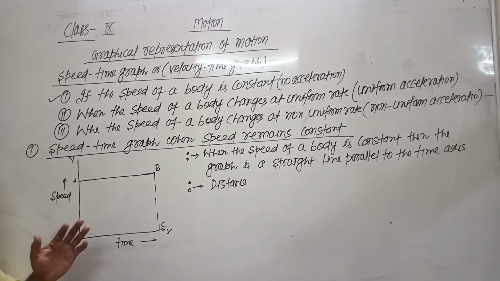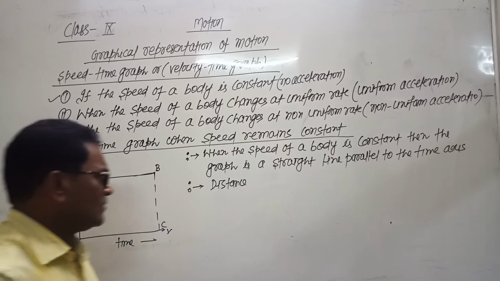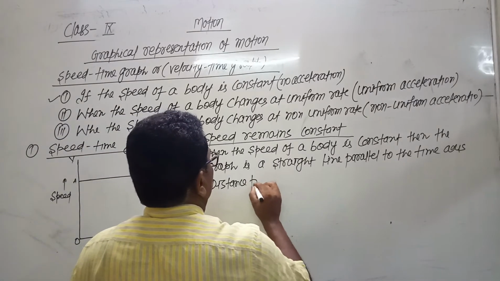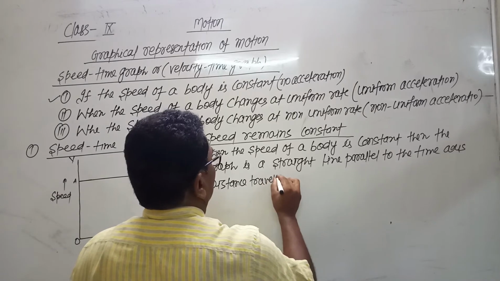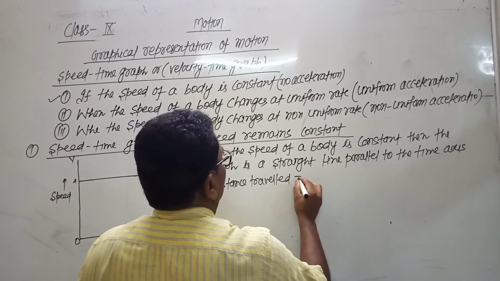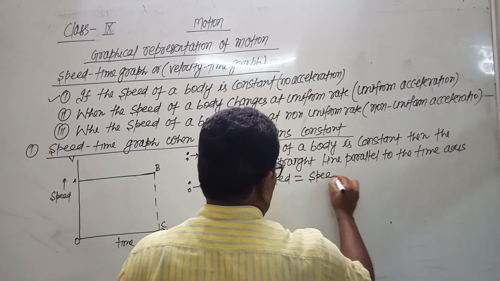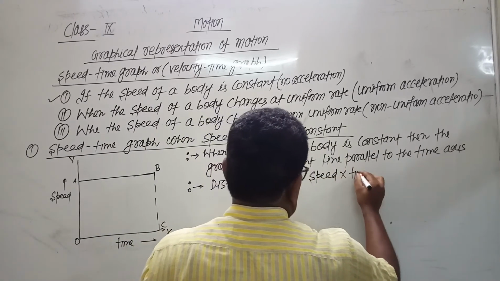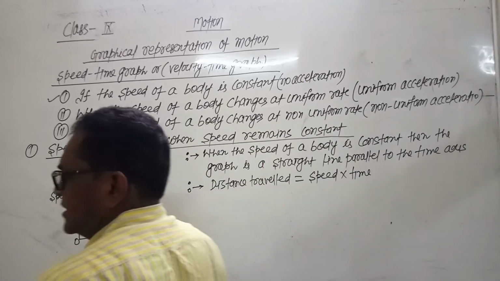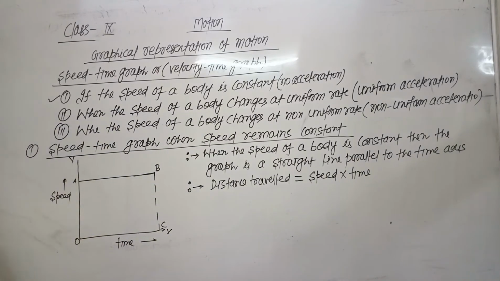If a speed time graph is given and we have to calculate the distance traveled by a body, how do we calculate it? We know the formula for distance traveled equals speed into time.